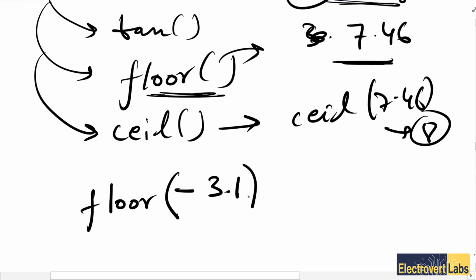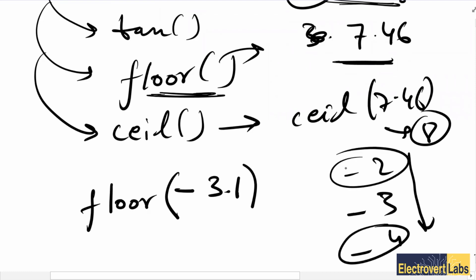What will be the value of this floor(-3.1)? Minus 4, right? Yeah, right. So floor(-3.1) will give you minus 4 because it goes minus 2, minus 3, minus 4. So the floor of -3.1 is minus 4 and the ceil of -3.1 will be minus 3. Good.